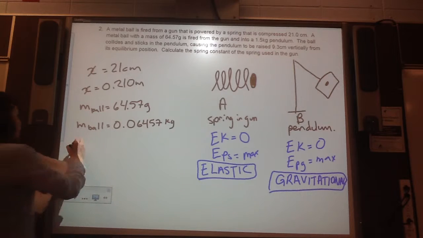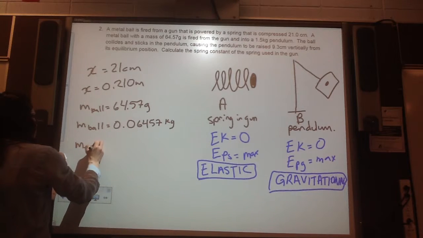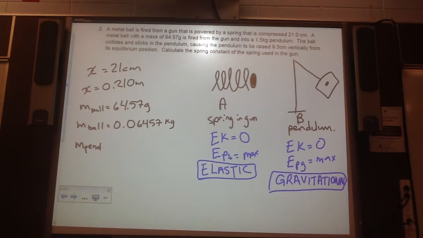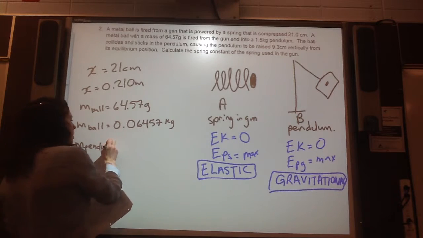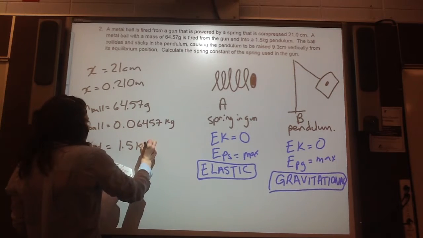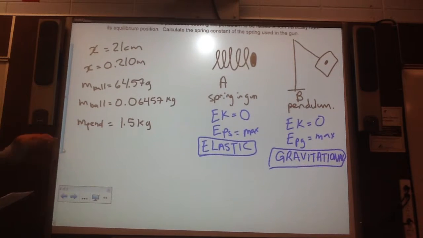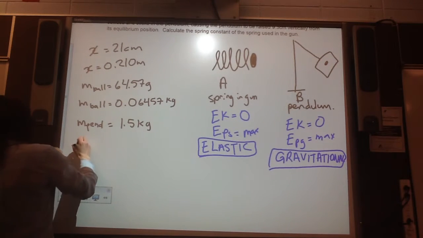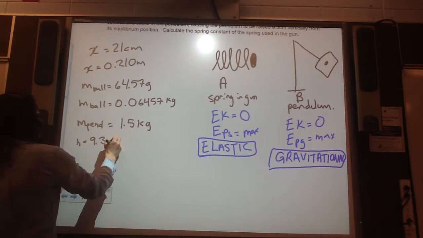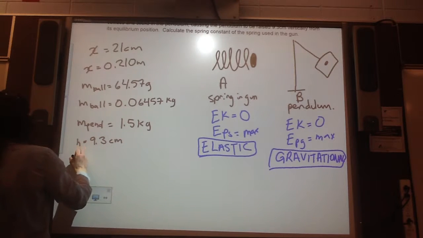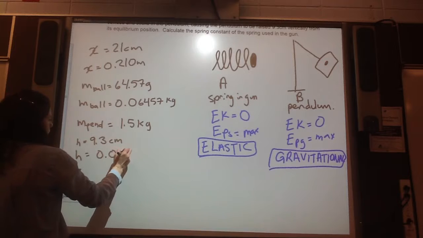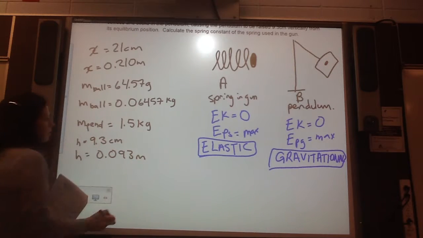The mass of the pendulum, M pen, is 1.5 kilograms. And the height it swings up to, h, is 9.3 centimeters, which is 0.093 meters.